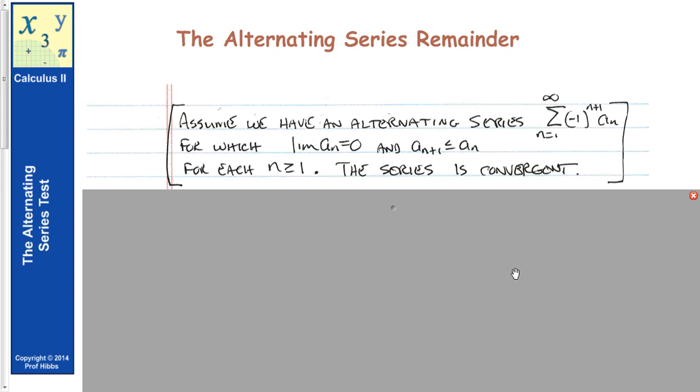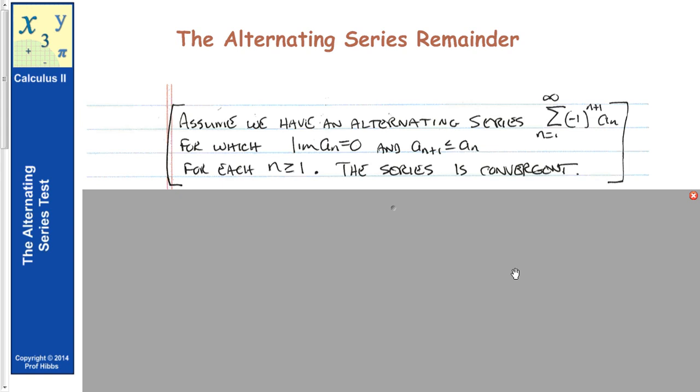As you recall, earlier in this chapter, we talked about estimating the value of a summation of a convergent series of positive terms. And we went through quite a process to talk about that.